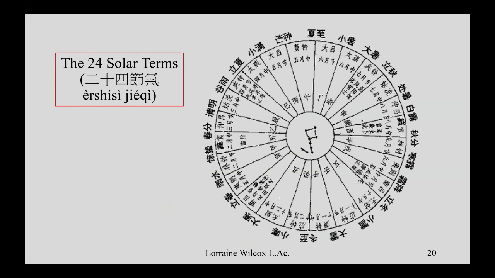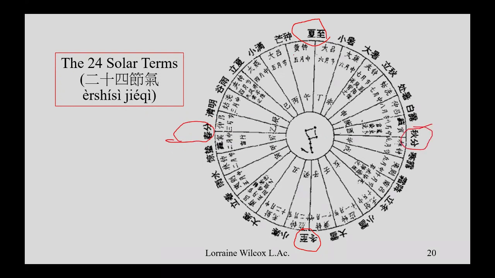If we take, let's see, this pen there, here's the winter solstice, and here's the summer solstice. Sorry, I couldn't find a diagram I liked in English. And here's the spring equinox, and here's the autumn equinox.